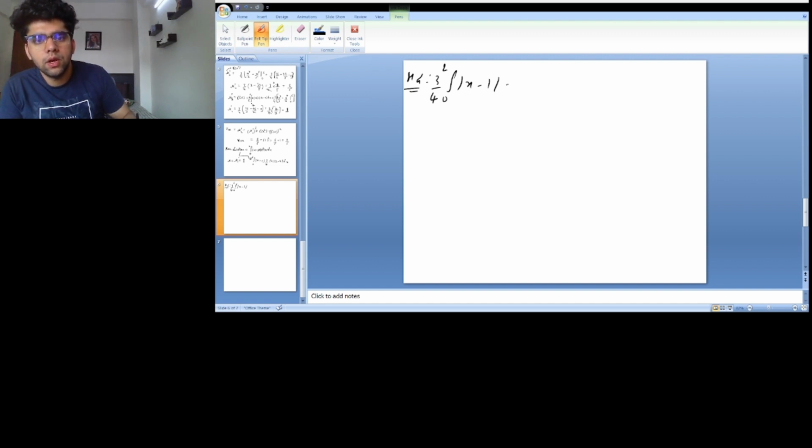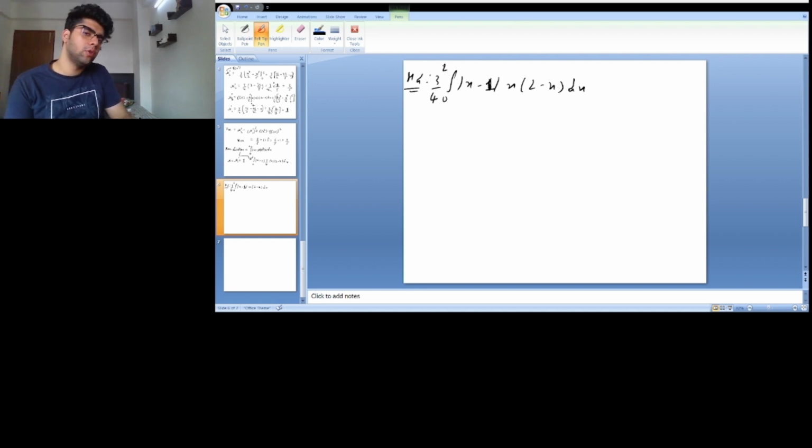So I will be having x into 2 minus x dx. Now this is x minus 1 mod, with limits 0 to 2. We know that this function will change its signs, so let me just ignore 3 by 4 for now and evaluate this expression.